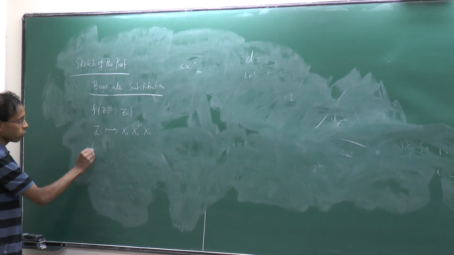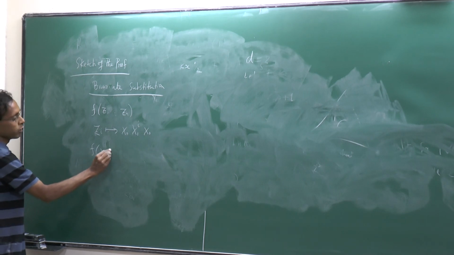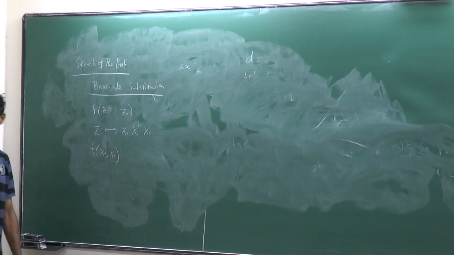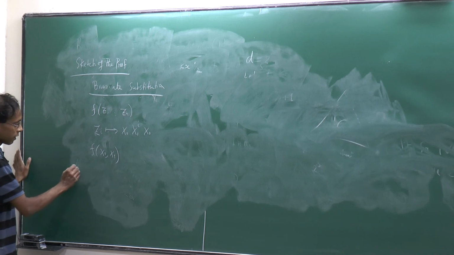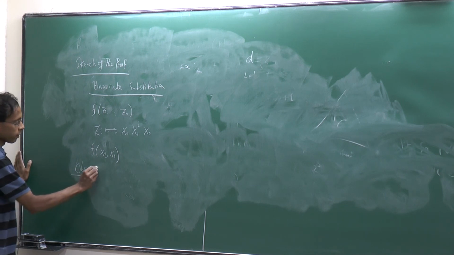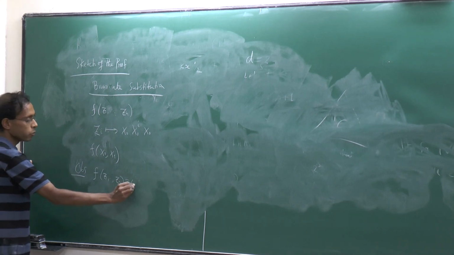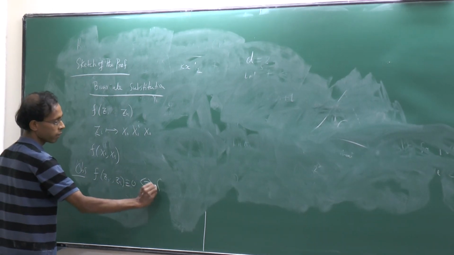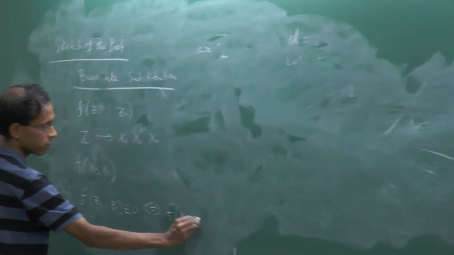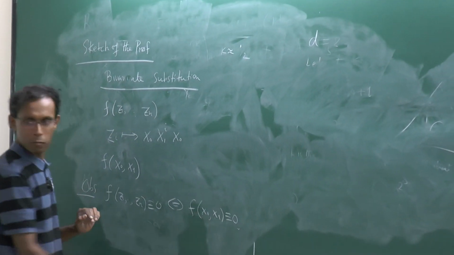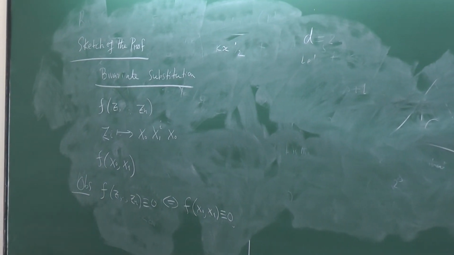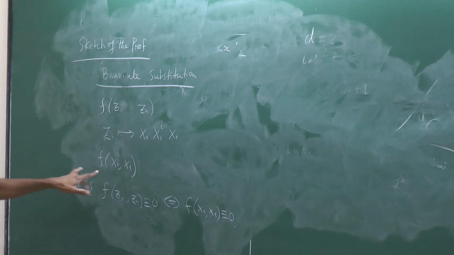Let me call that polynomial also f of x0 and x1, without introducing other notation. It is clear that this polynomial is identically 0 if and only if this bivariate polynomial is also identically 0. Why? It's simply a bijection between the monomials of the original polynomial and the monomials over this encoding. It's very simple.